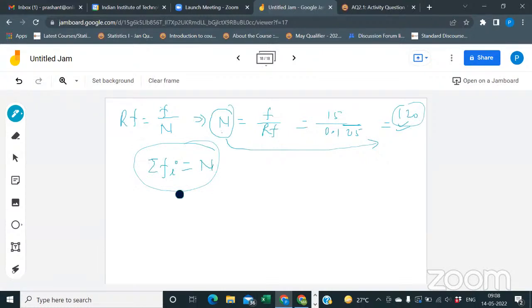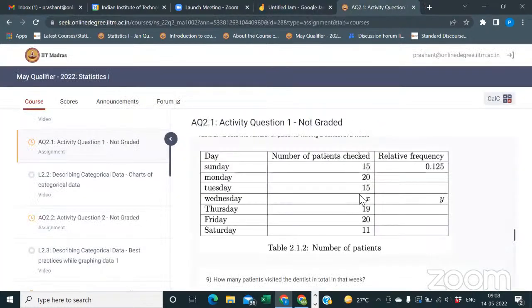That means x will be 20. After calculating n as 120, x is 20.